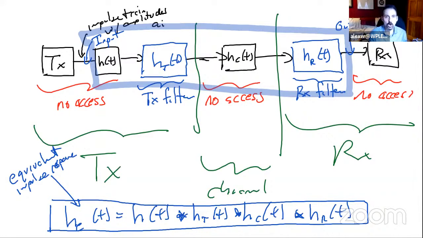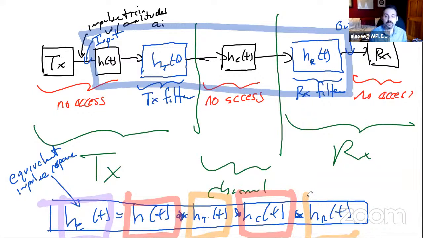Let's recall, I have no control over this, and I have no control over this. Suppose I have a target equivalent impulse response. Therefore, what I do is I design this and this in order to achieve H_E of t. That is what we do.